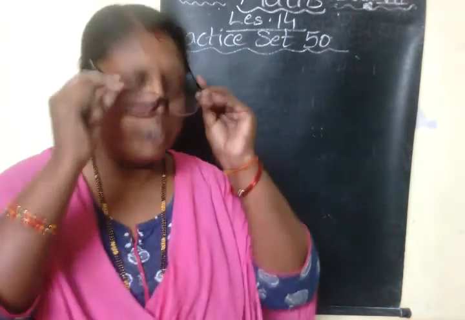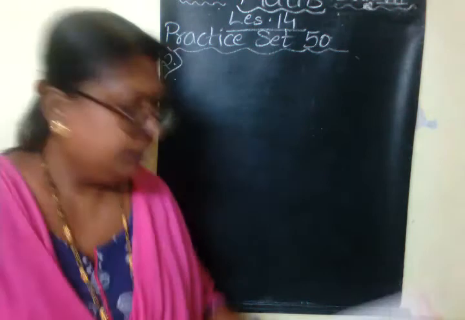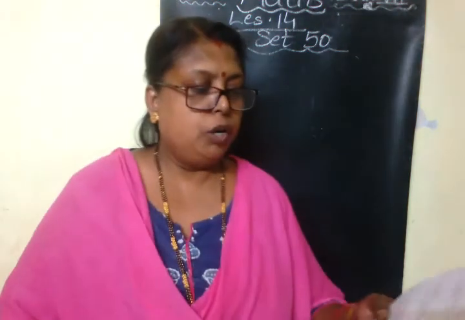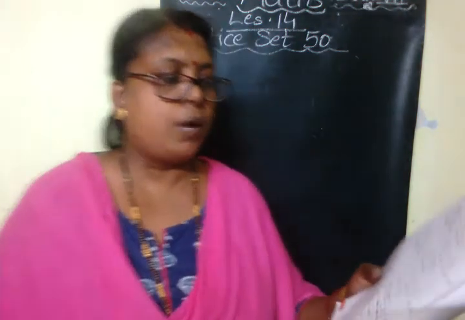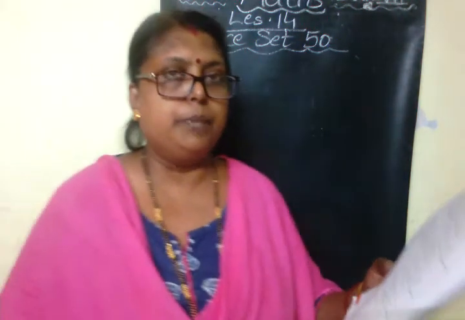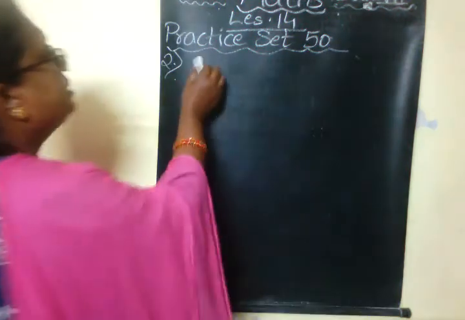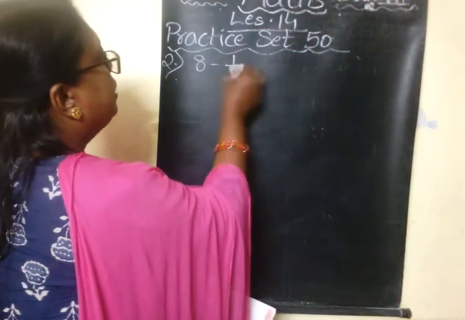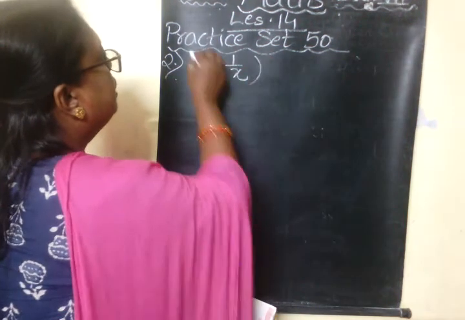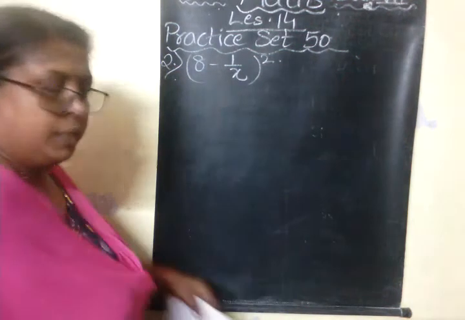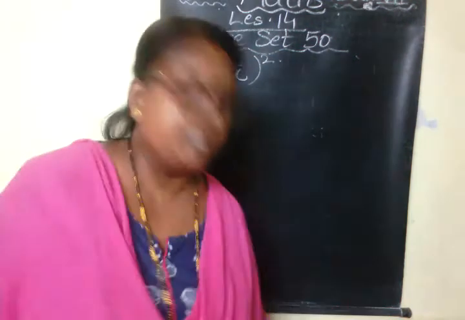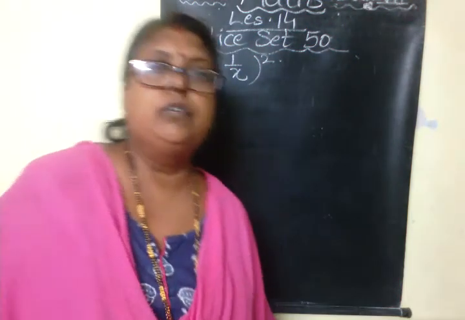Let us see the question. The question is, which of the options given below is the square of the binomial, 8 minus 1 upon x the whole square? They have given you 4 options as answer, so you have to find out which one is the answer.